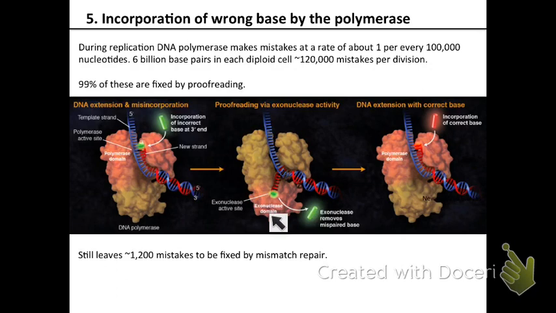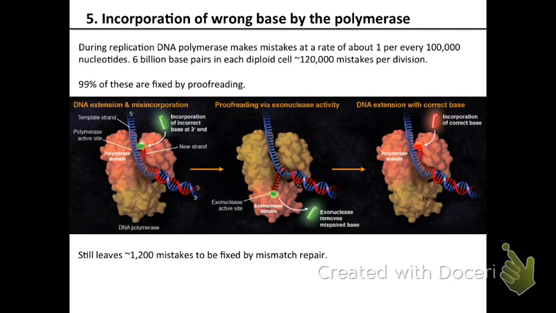And what that exonuclease activity does is it removes this last nucleotide that was incorrectly incorporated, and then pushes back into the normal configuration of the polymerase, and now it can insert the correct base and continue its business. Okay, so this is basically proofreading activity.